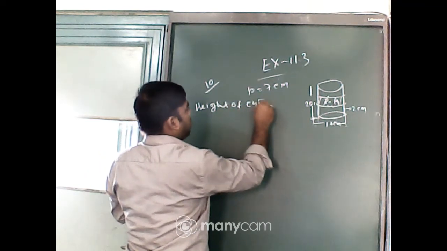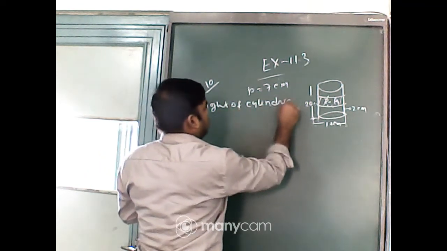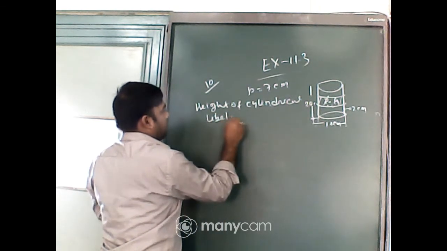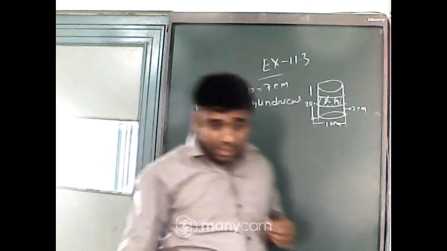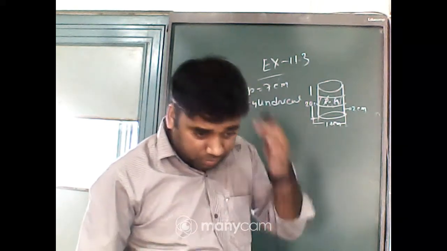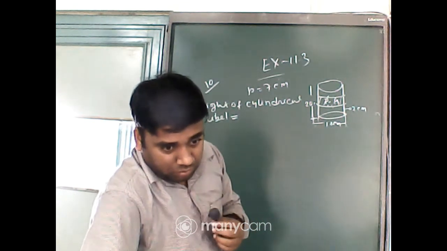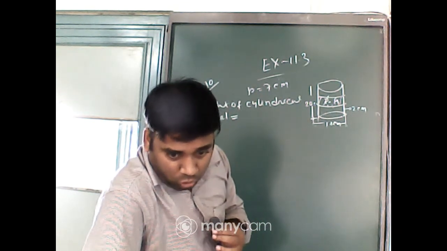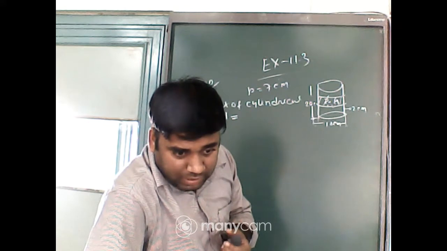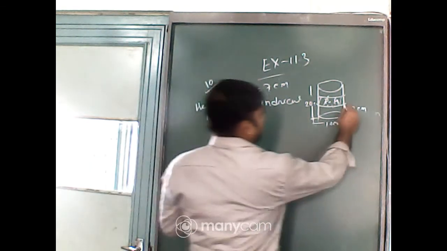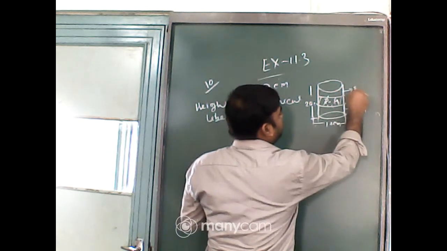Anyone can say what is the height of the cylindrical label? That is given 2. It means it is also 2 centimeter.